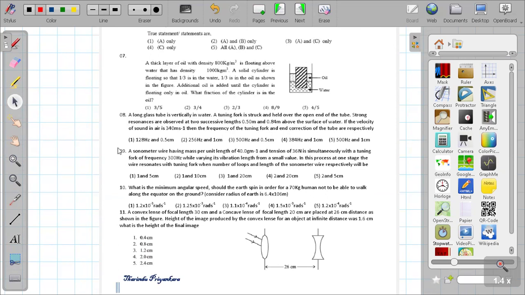So in the last week we did angular velocity and angular momentum. Sonometer is a really simple thing. Resonance is also normal. We did centripetal force. Let's do question number 8, 9, 10, 11.